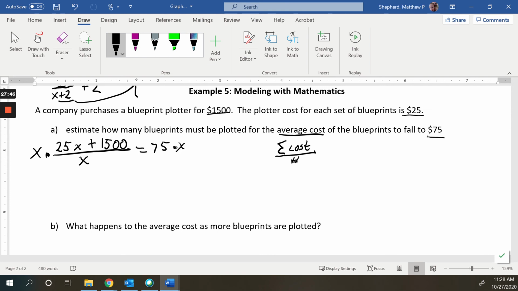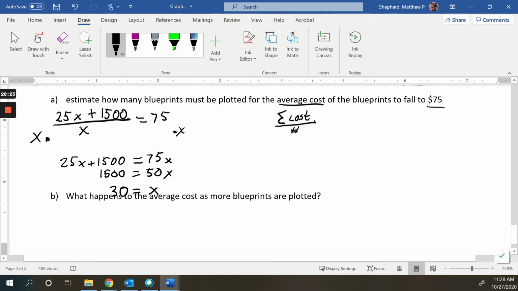First, let's multiply both sides by X, and we will get 25X plus 1,500 is equal to 75X. Next, if we subtract the 25X from both sides, we get 1,500 is equal to 50X. Divide both sides by 50, and X is 30. So we would need to make about 30 copies for the average cost of blueprints to drop down to 75.